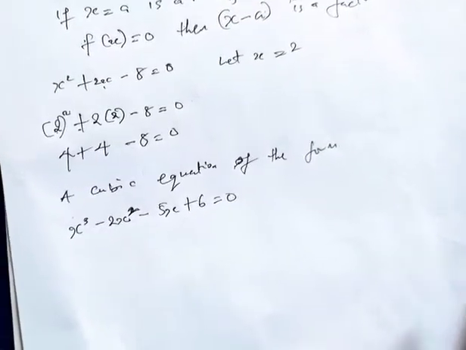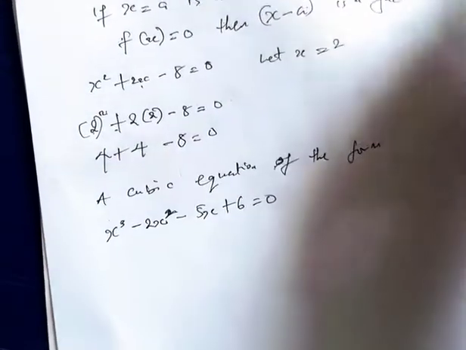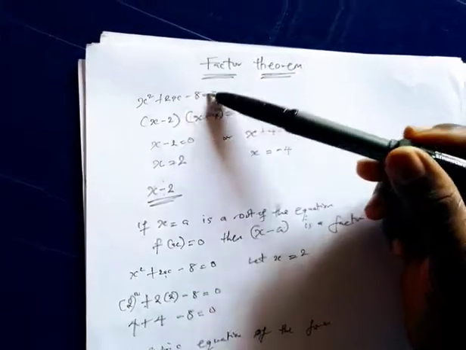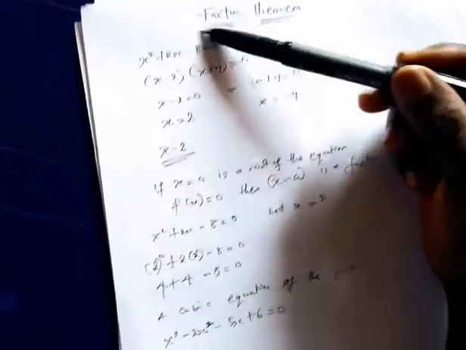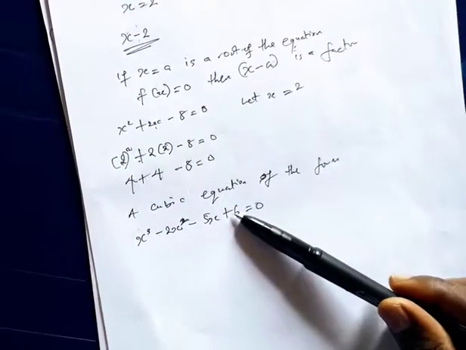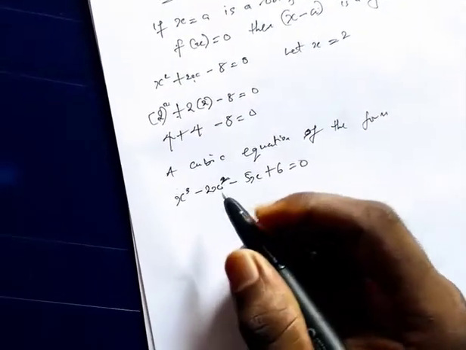Now, if we are given an equation in this form, this is a cubic equation, unlike the quadratic equation where we can factorize and easily get our answer. In this cubic equation, we use the factor theorem, and we use a process of trial and error.